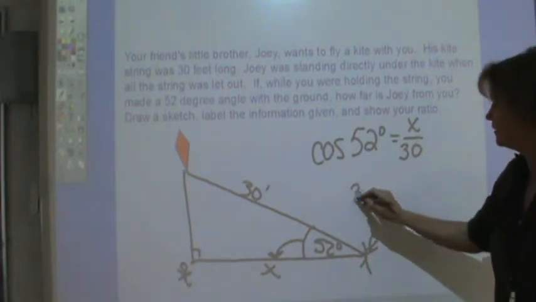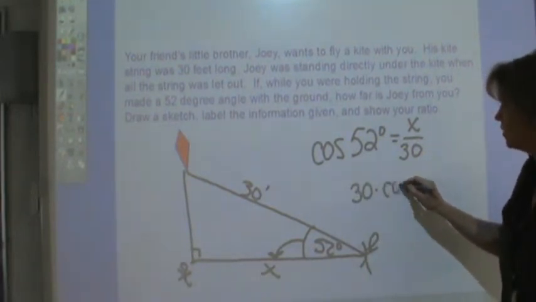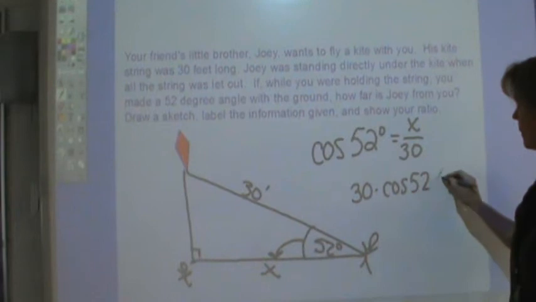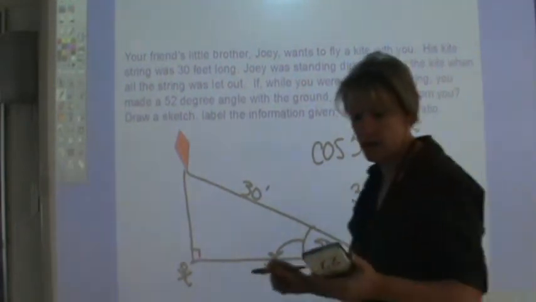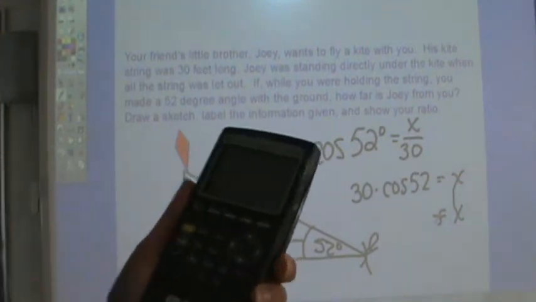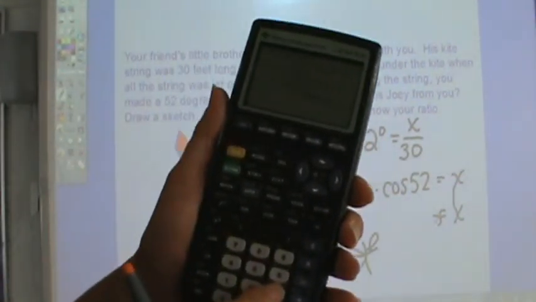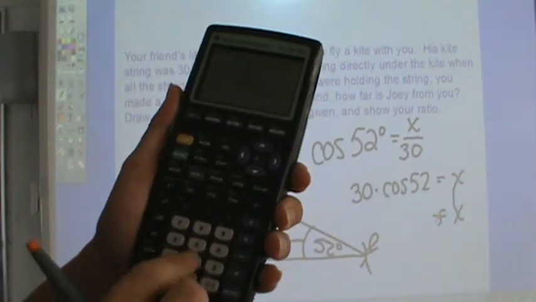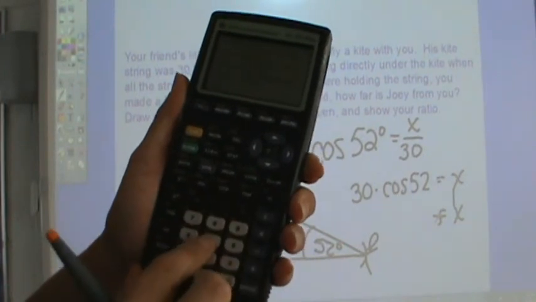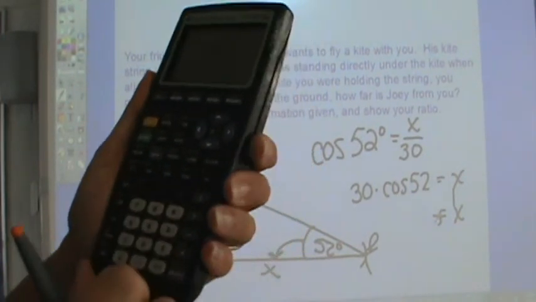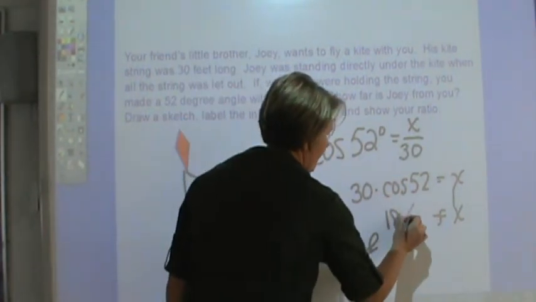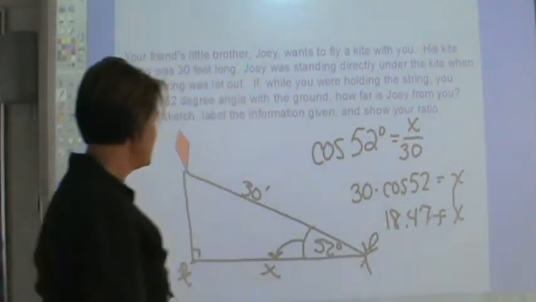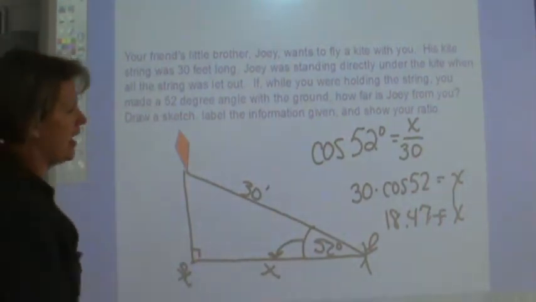So in my calculator, I go 30 times cosine 52, and that's going to get me my x. So 30 times cosine 52 gets me 18.47 about. So that means he's standing almost 18 and a half feet away from us.